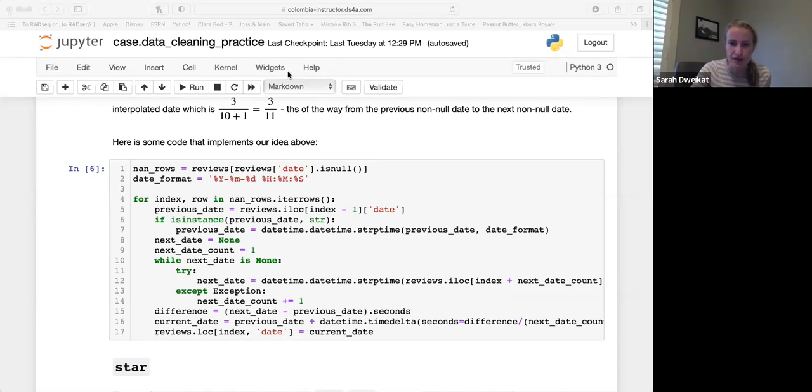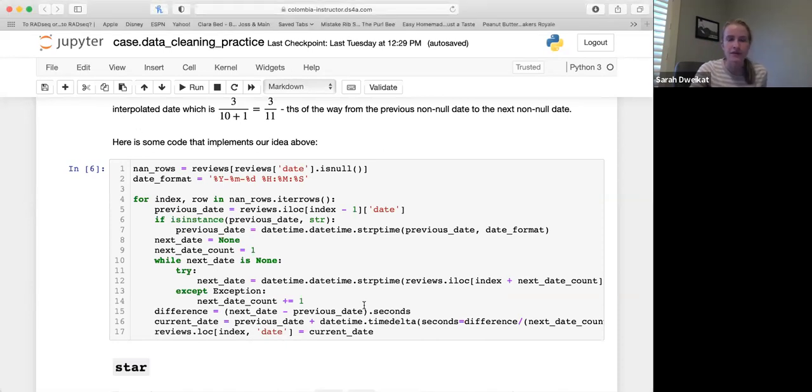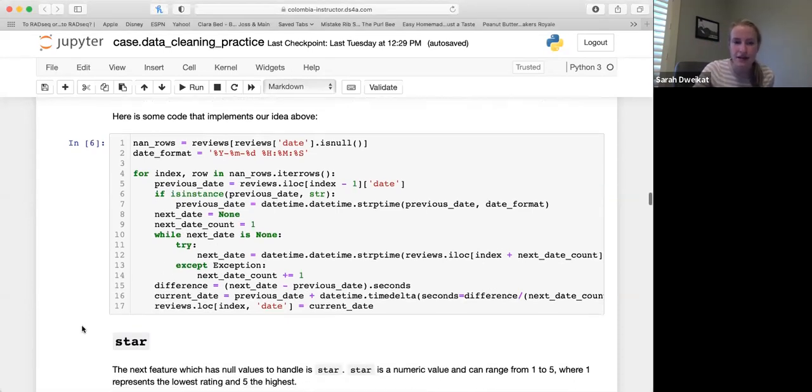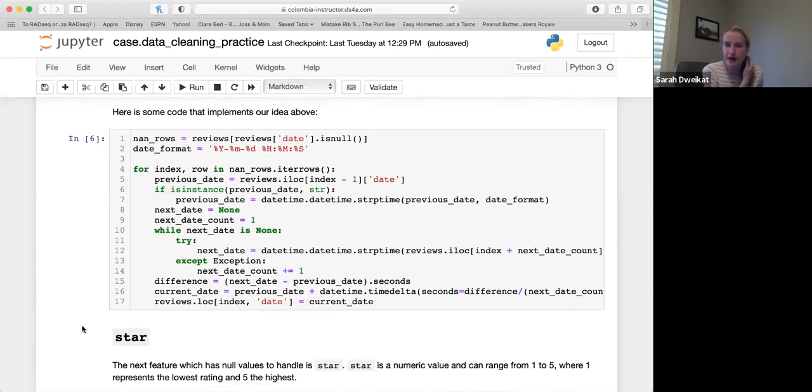Okay. So, this code, I would say take some time and look at that, run it line by line. There's a great suggestion in the live chat, because it's a little bit tricky to figure out all these things. But then, like I said, having this as an outline, so if you are ever needing to fill in missing date values, let's say with your own data, you're thinking, oh, I need to fill these in, I don't know how to do that.